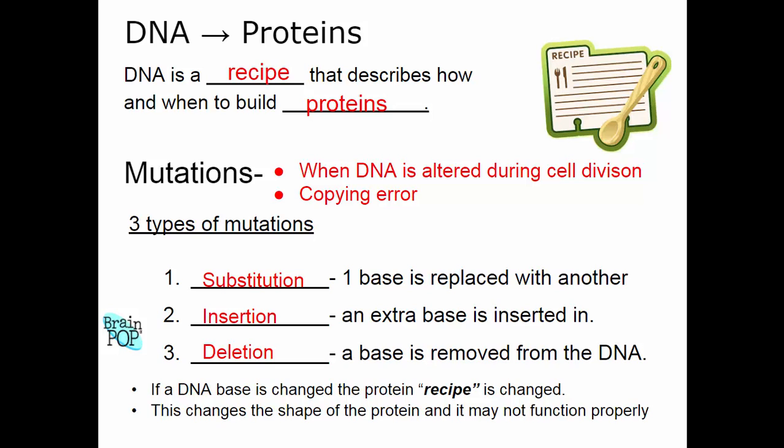My friend passed away when she was 21 or 22 from cystic fibrosis. And so again, it's caused by a mutation. One difference in that DNA can have a big impact.